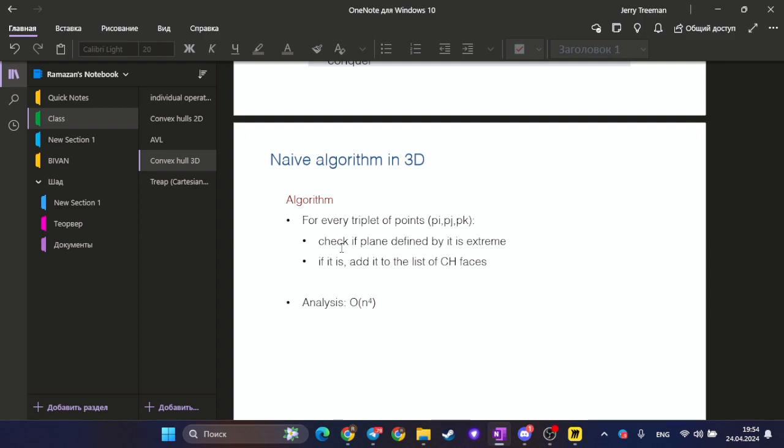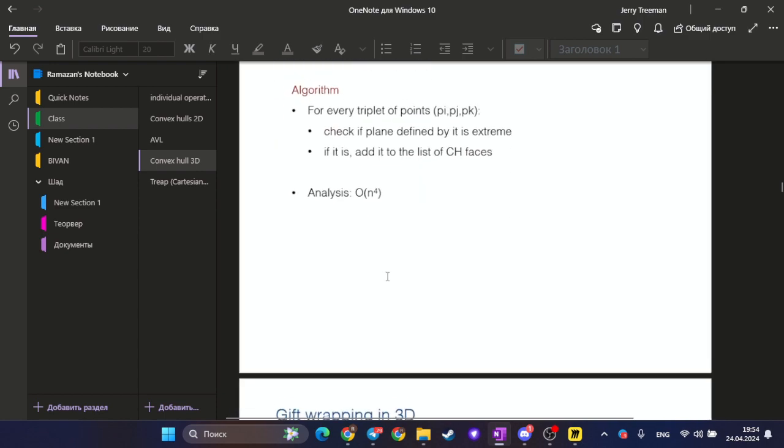If it is, we add it to the list of faces. So the complexity will be O(n^4), because here we need to perform O(n) actions for each triplet.